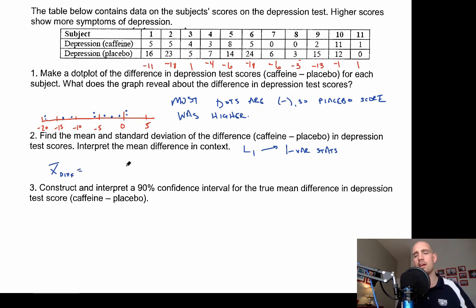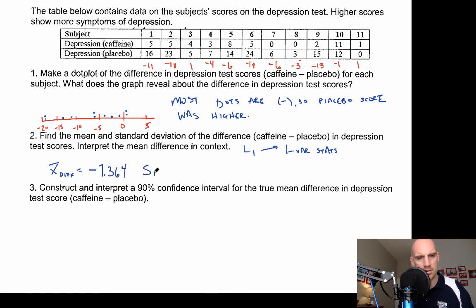And when you put that in, now this is a great place to pause, right? So pause, put that in. Don't fall asleep thinking that, oh, I know how to do that. I know how to put it into L1. I know how to find 1-Var Stats. Actually put it in, actually try it. So you could pause here and do that and check your answer. When I put that in, I found that my mean difference was negative 7.364.